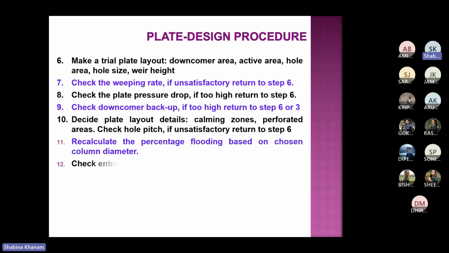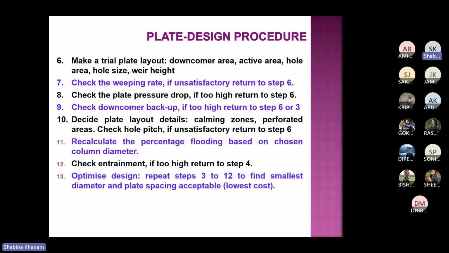How all these will be done, that we will discuss. And then we will check for the entrainment. If too high, we need to return to step 4. That is the flooding percentage we need to fix again. And then we can have the optimum design.